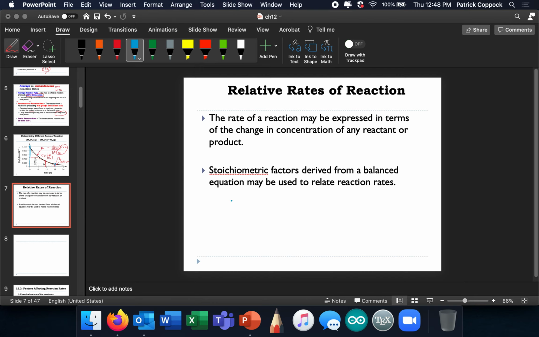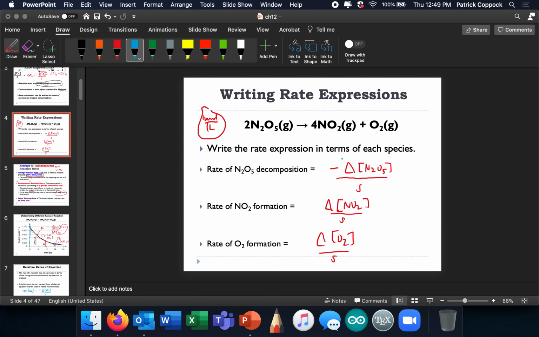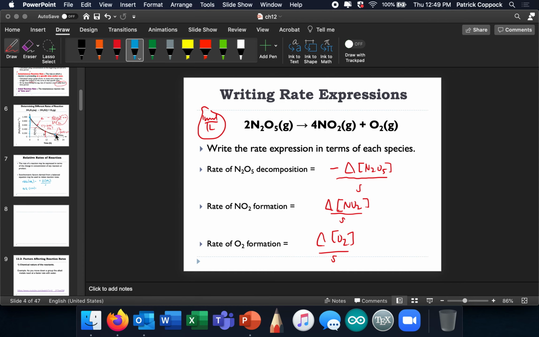For example, in a previous example, the rate in terms of NO2, I think it was producing NO2, so it would be the change in the concentration of NO2 per second, right? But the rate of the reaction, forget what NO2 was. Let's go back up here. NO2, it was 4, right? So the rate of the reaction is going to be 1/4 of that.